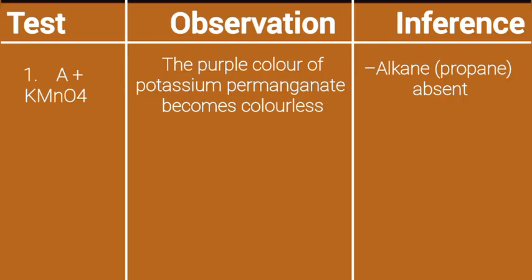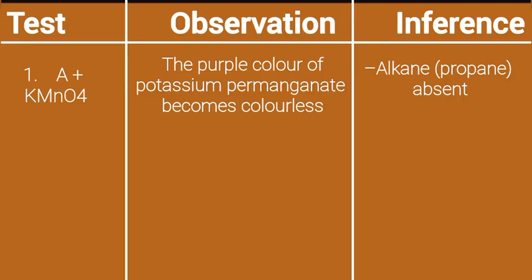Therefore, we are left with our pentene and pentyne, and these 2 are unsaturated compounds. And so I'm going to write in the inference: A is unsaturated compound, pentene or pentyne suspected.